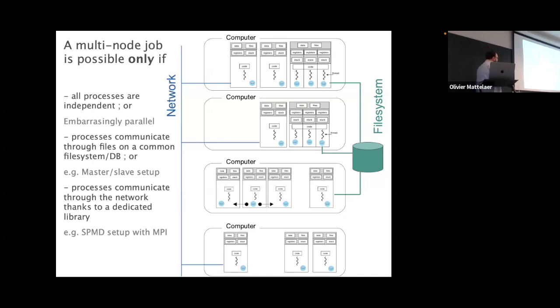Or you can, as a third type of multi-node process, run the processes on multiple nodes and have them interact through the network directly. On the CÉCI clusters, there are clusters which are really meant for that type of workload. They have a network that is very, very fast.